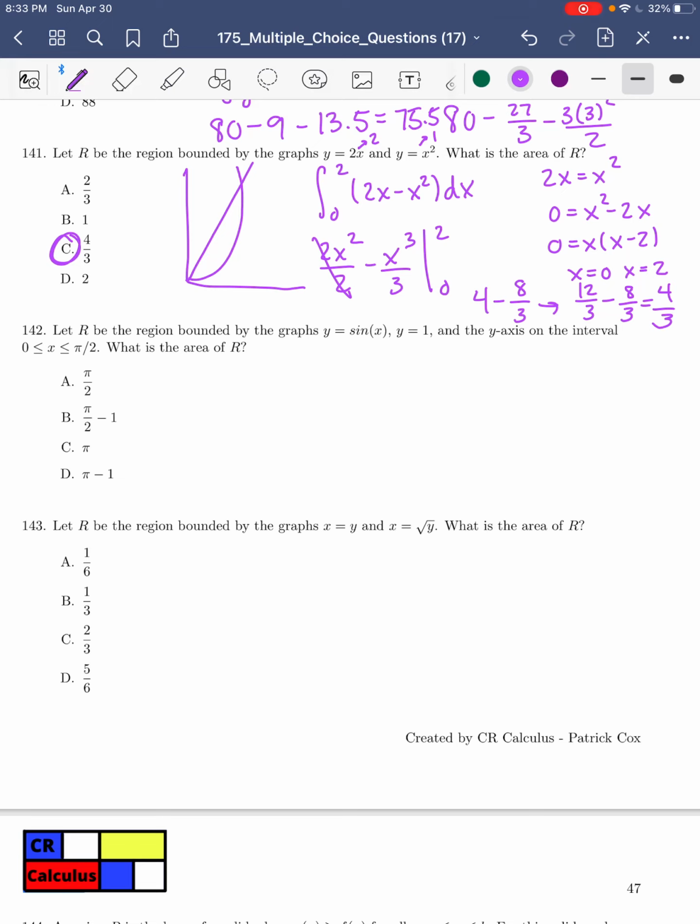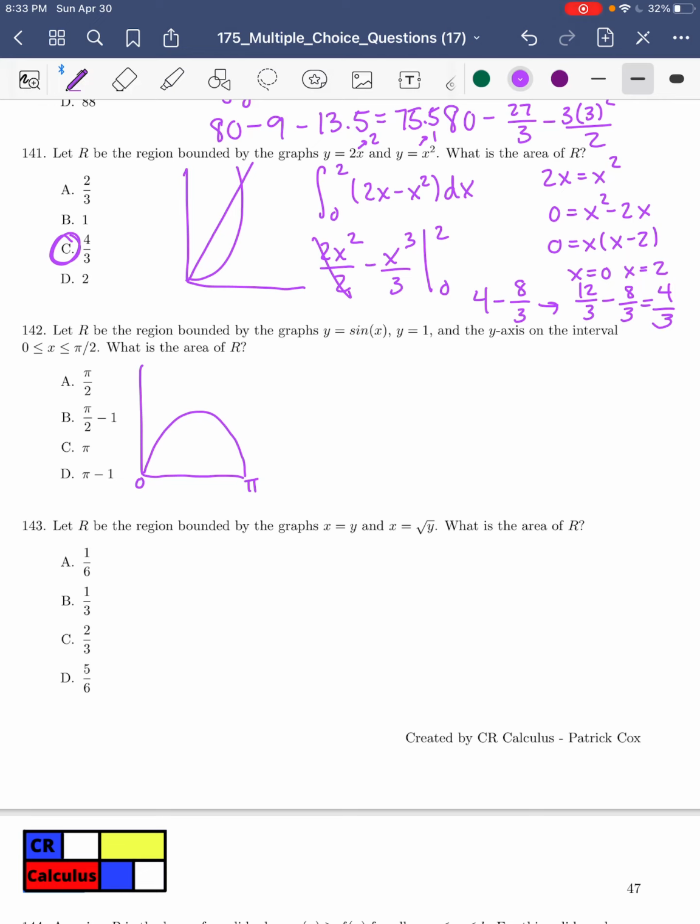Alright, next, sine x on the interval from 0 to pi over 2. Once again, draw my picture. So sine x, thinking about what that graph looks like, should be like this. Here's 0. Here's pi. I know we don't only need to go to pi over 2, but that's okay.